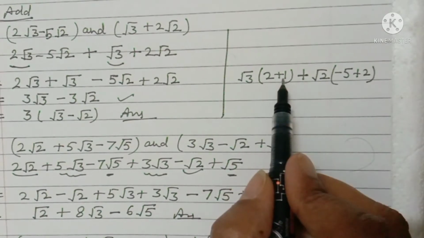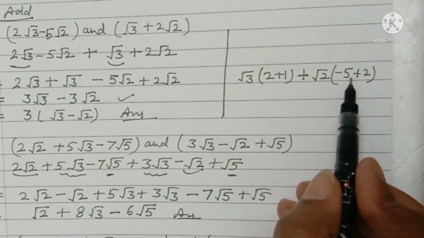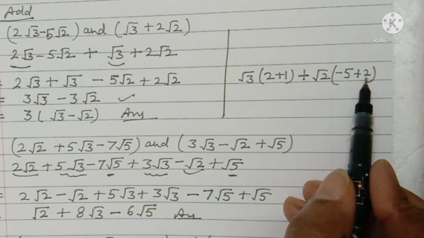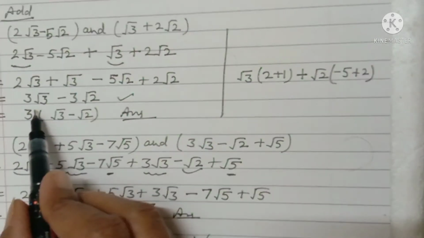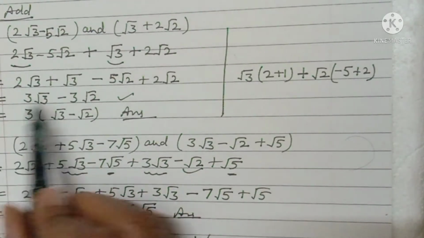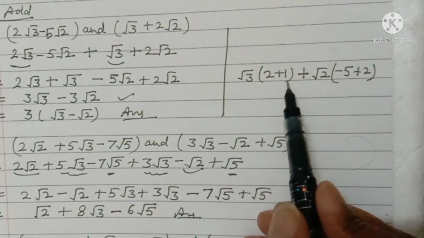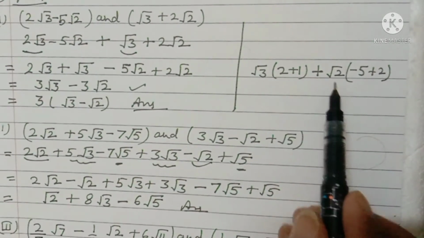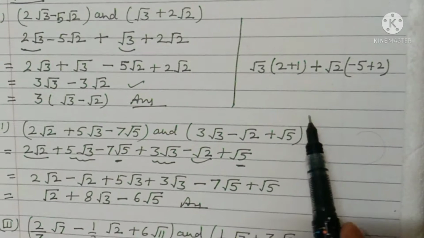Now 2 plus 1 means 3, and here minus 5 plus 2 is minus 3. So you will get this. Directly you can add or subtract, or you can take out the common irrational number; you can use any one of the methods.